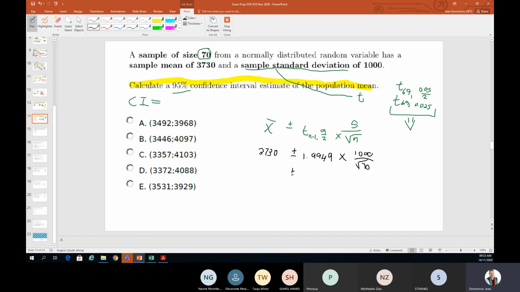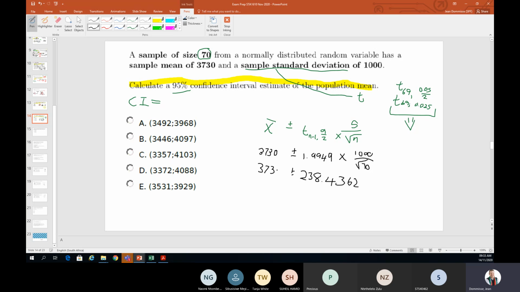If I multiply that by 1.9949, I get 238.4362.